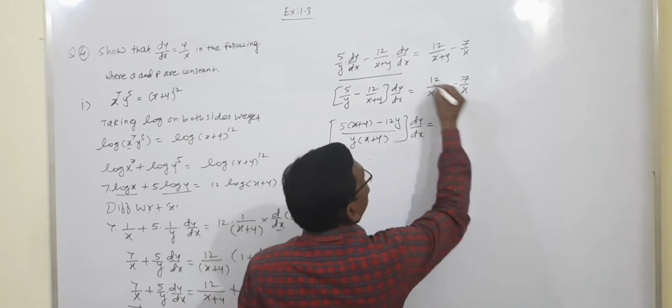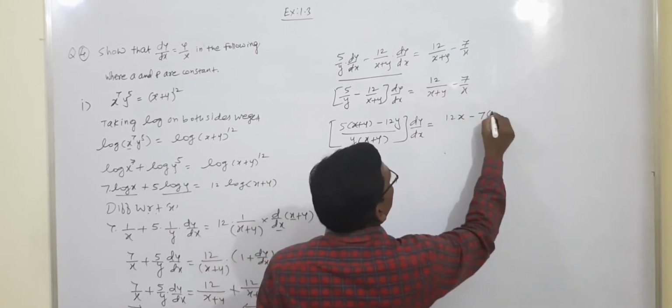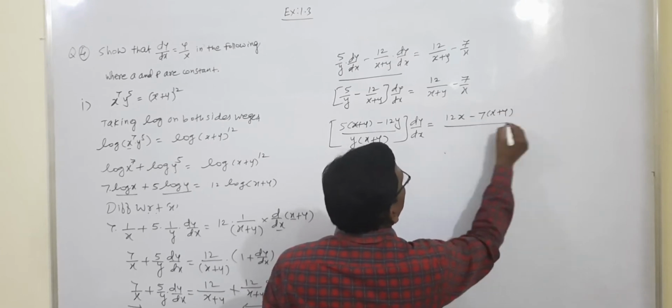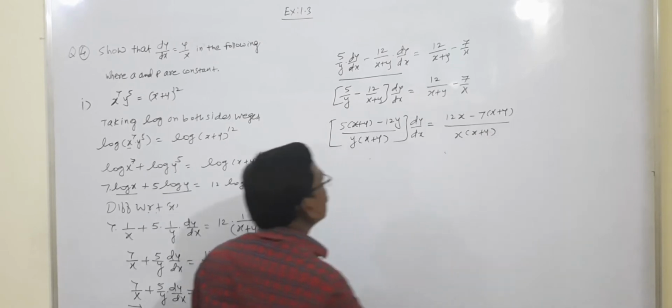So 12 into x, it is 12x, minus 7 into x plus y, divided by x into x plus y is LCM.